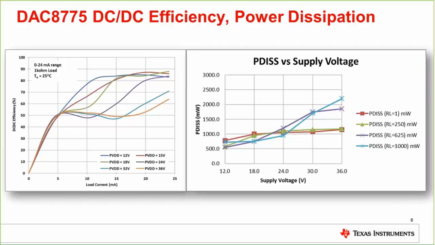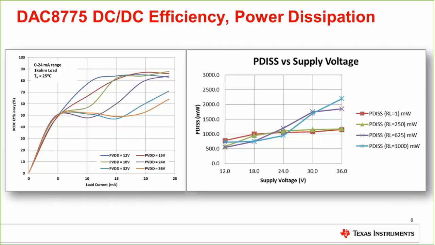So the two graphics here are intended to give an idea of what the efficiency of the DAC8775 looks like. Since we have a number of variables here, we can represent it in two graphs, because we operate from an input supply from 12 to 36 volts, which definitely impacts efficiency. And then depending on what the load is, this high side supply voltage also changes, and this modifies our power dissipation.